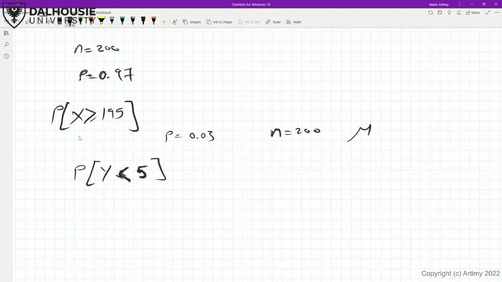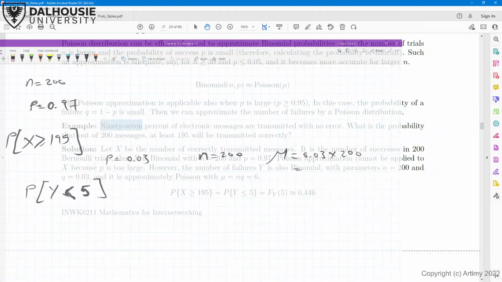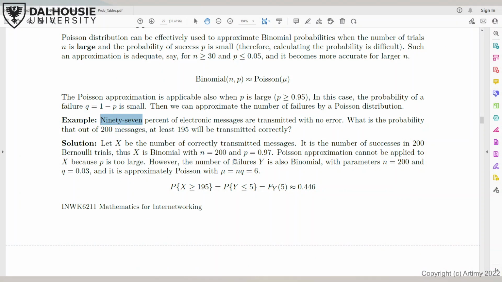Calculating mu, 0.03 multiplied by 200, I get 6.